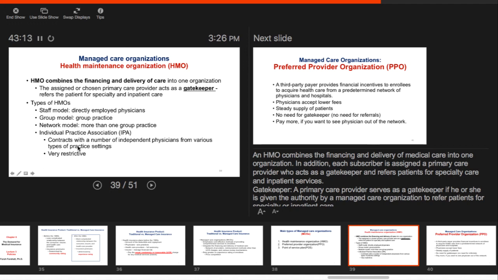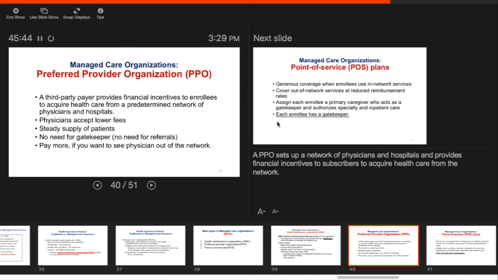These HMOs contract with a number of independent physicians from various types of practice settings and pay them based on whether they regularly follow their restricted rules or not. Otherwise, they don't renew their contract. So that's the very restrictive form of managed care organization.